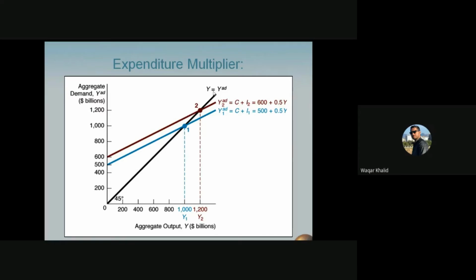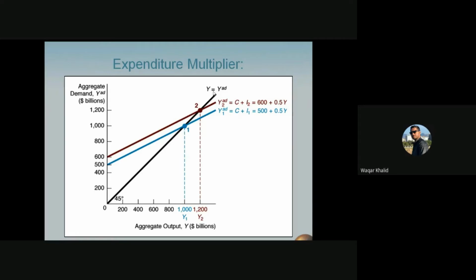It means the change in output is about $200 billion. The initial investment spending was 200 and the new spending is 400. It means that we have increased the investment expenditures by $200 billion. But the result is 200 from 1000 to 1200. So we can say that for every dollar increase in planned investment spending, aggregate output has increased twofold, or two times.